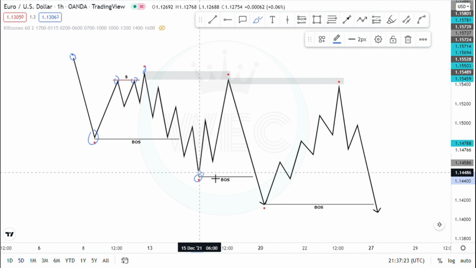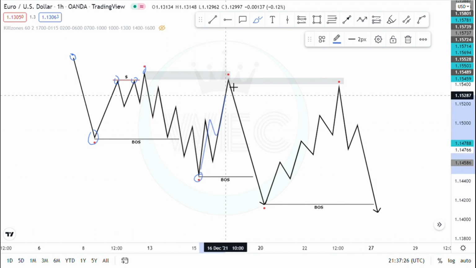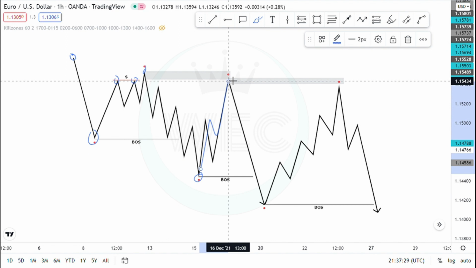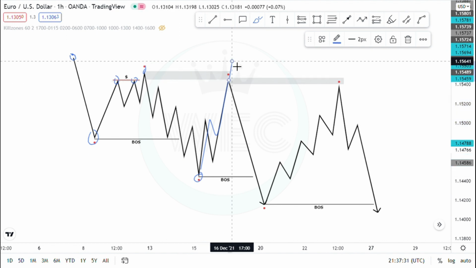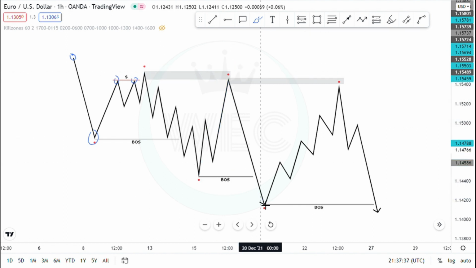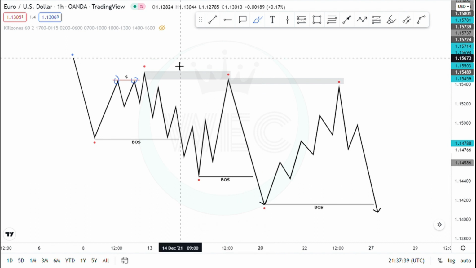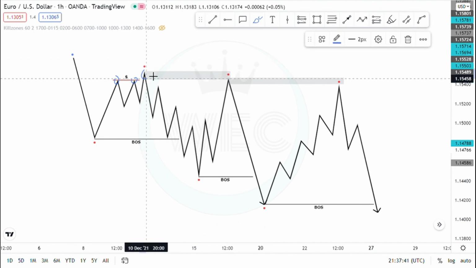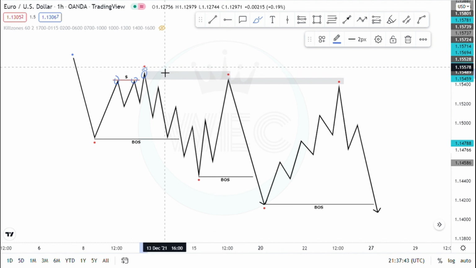So we see that when price approached this supply zone or this resistance, it didn't break through. It didn't breach this level. It just respected it, and then it fell back. So this zone here where price respected is the protected liquidity.